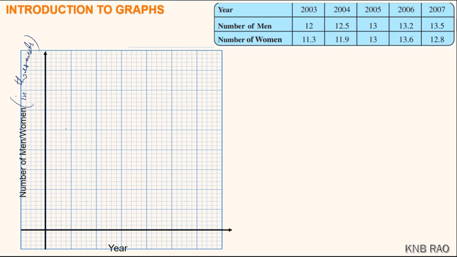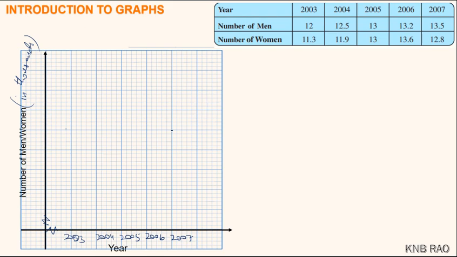So first I will go for putting a kink so that it becomes from 2003, 2004, 2005, 2006 and 2007.